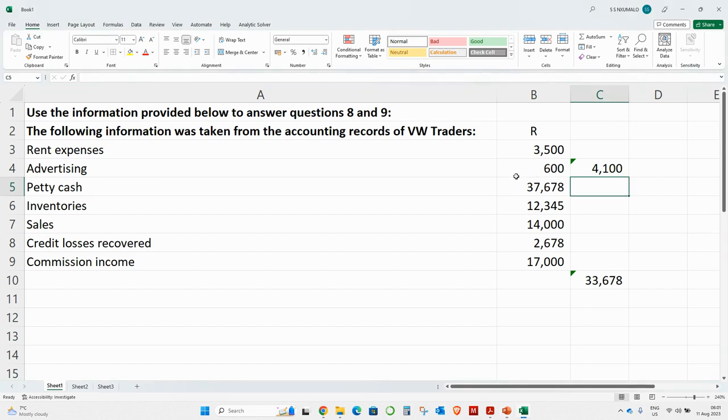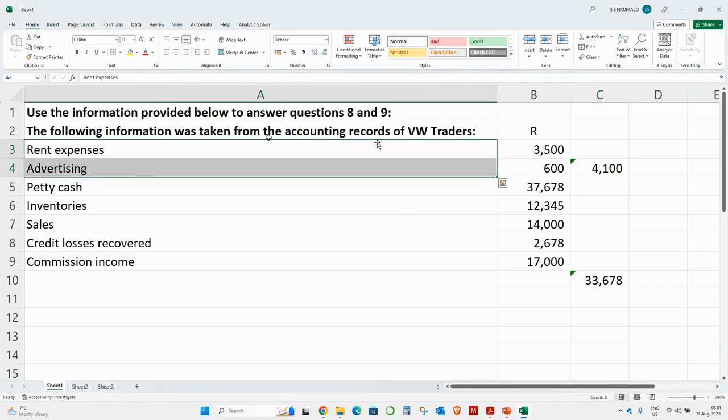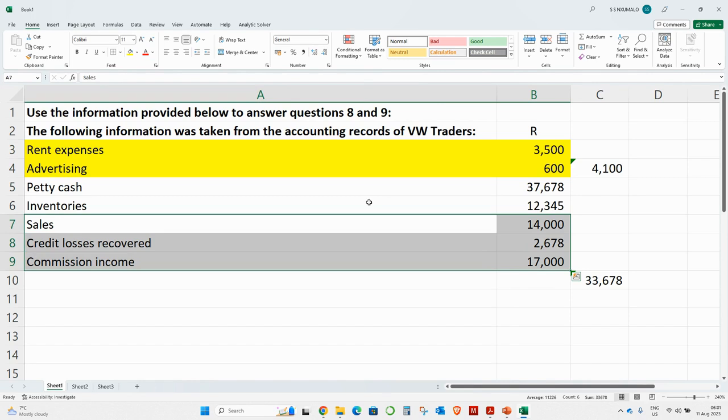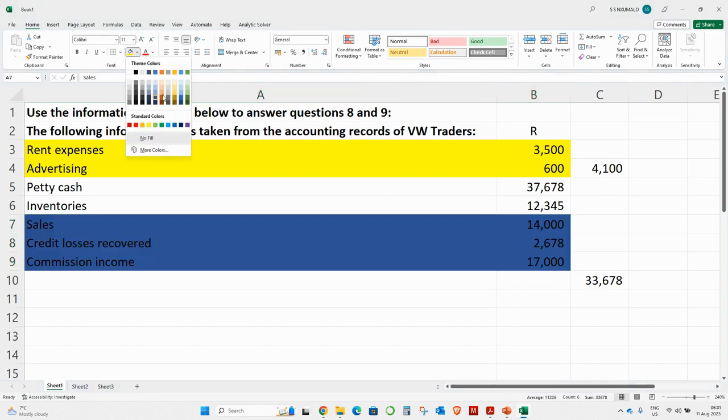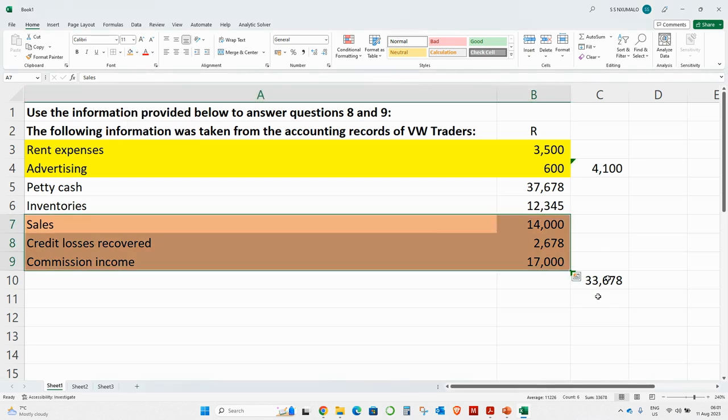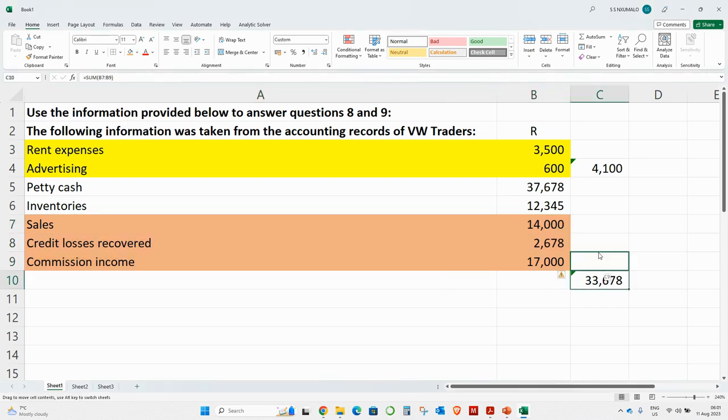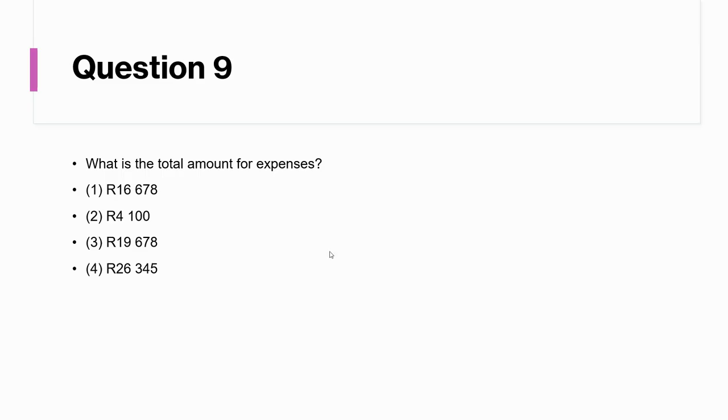So that one is straightforward. So your expenses, let me just highlight them. These were your expenses and these were your incomes. Let me put a different color. Okay, yep. Okay, let's move on to question 10.